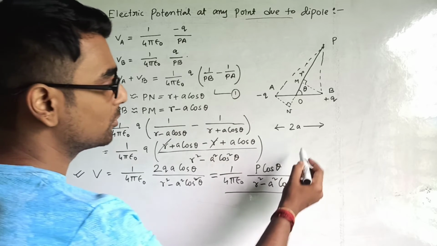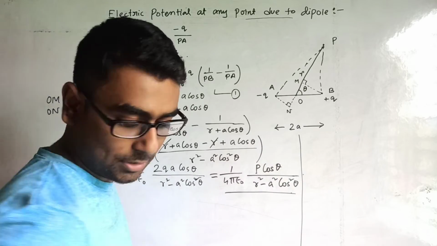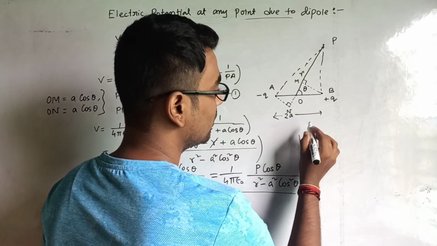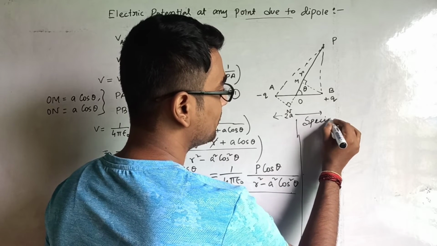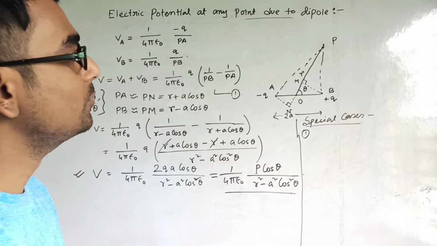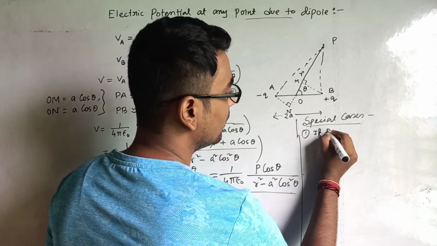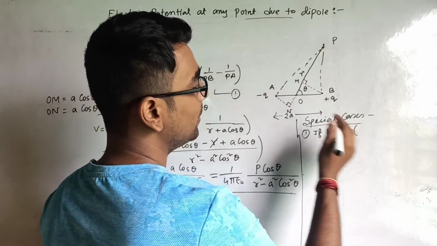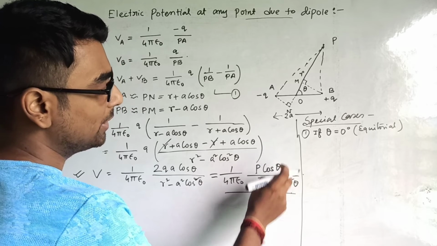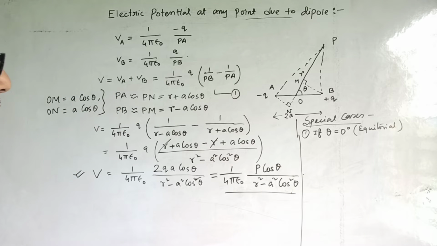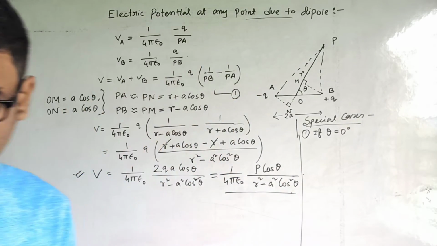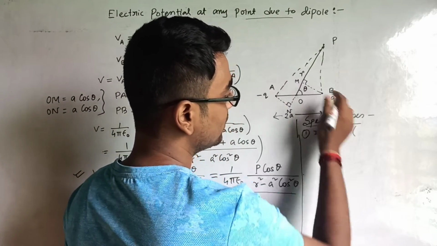Now we have a few special cases. Number one, if theta is equal to 0 degrees, it doesn't mean equatorial, it means the point lies on the axial line.